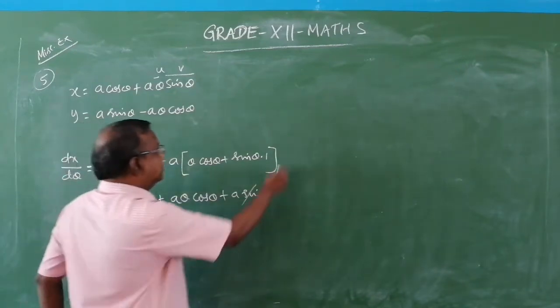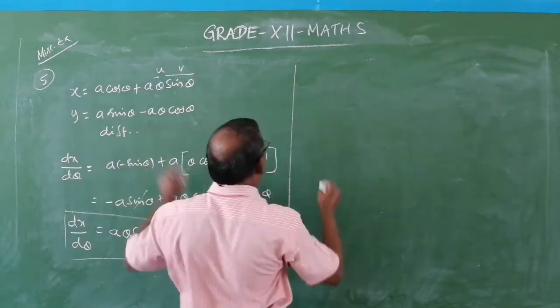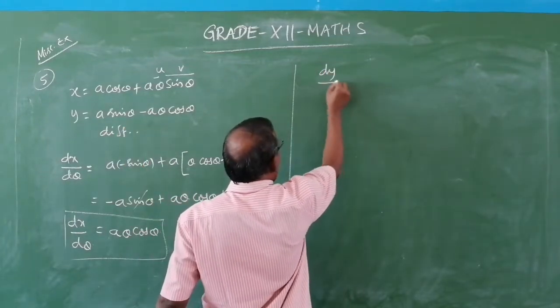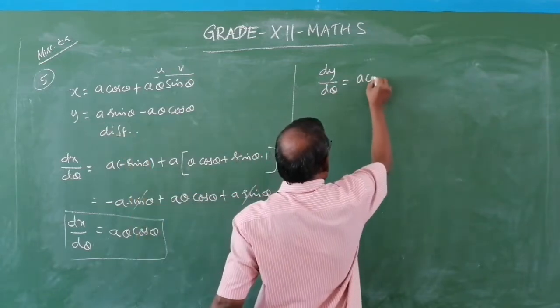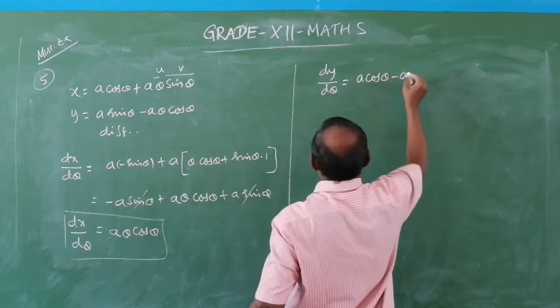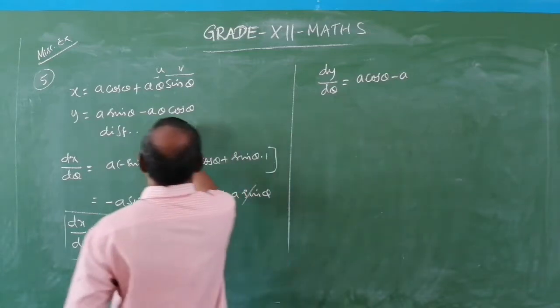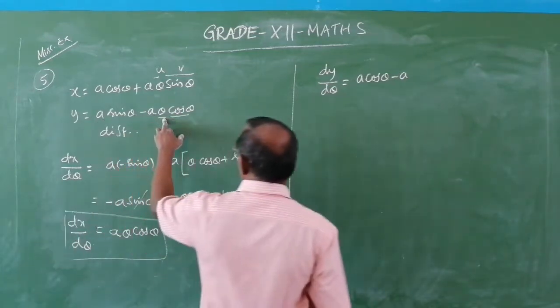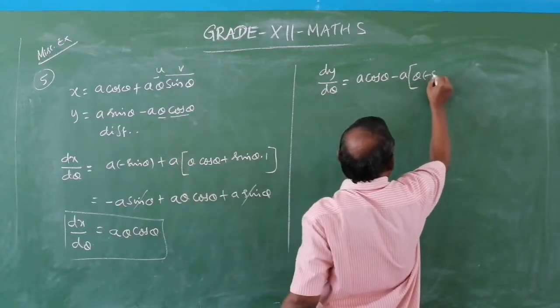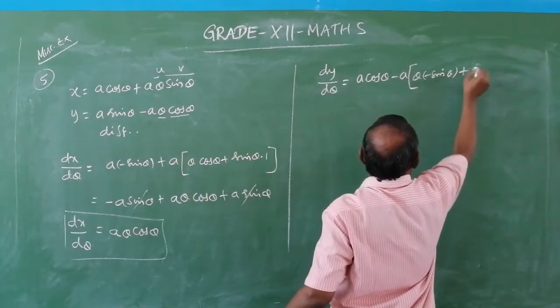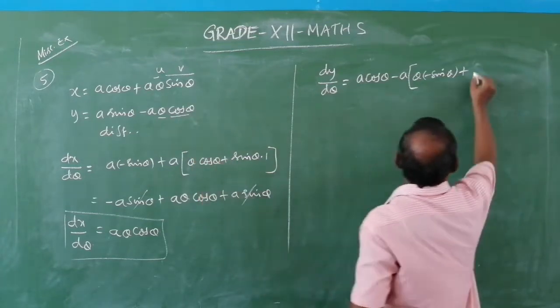Now, differentiating y with respect to theta, we have dy by d theta equal to a into cos theta minus, a is common. The function is again in the product rule, that is u into v, that is theta into minus sin theta plus cos theta into 1.